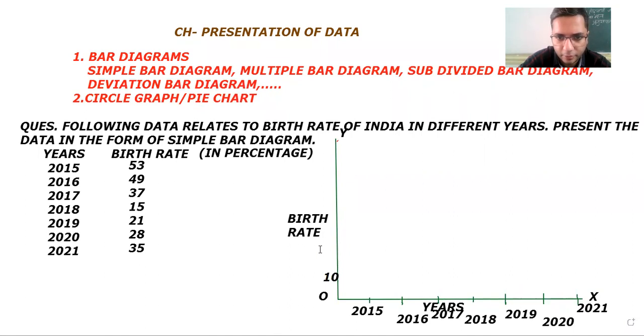Then here I'm taking 20, then 30, then 40, ठीक है. Then here I'm taking 50 और उसके ऊपर 60 वाला, ठीक है.